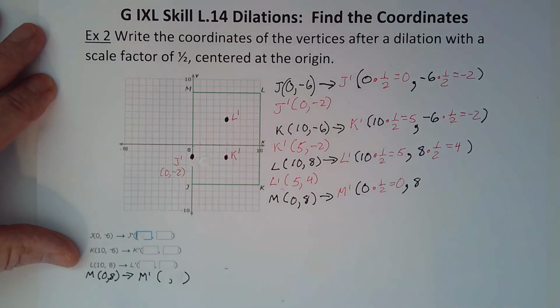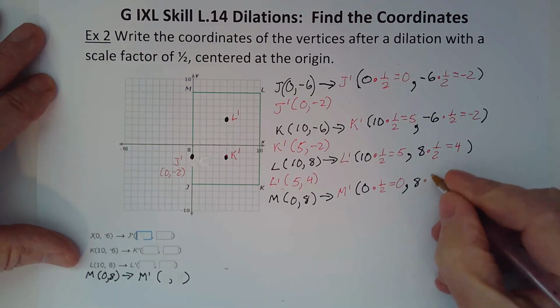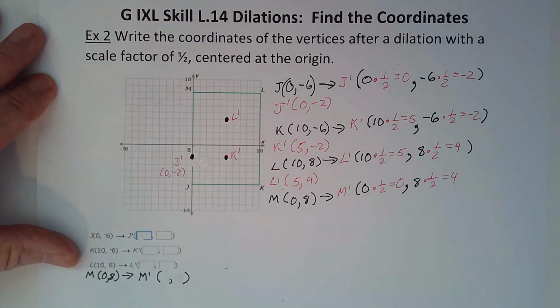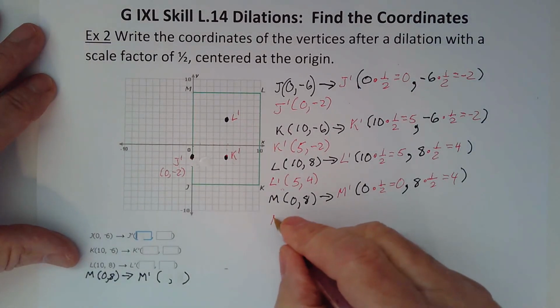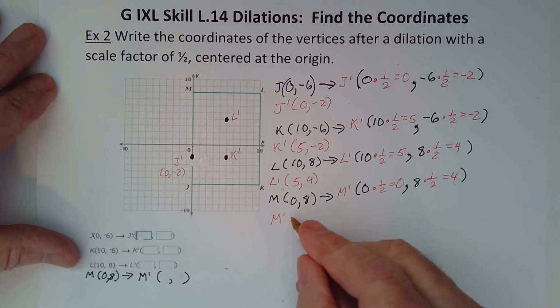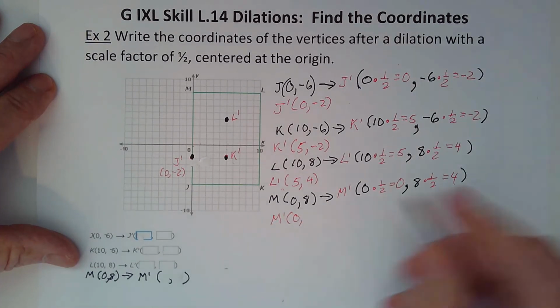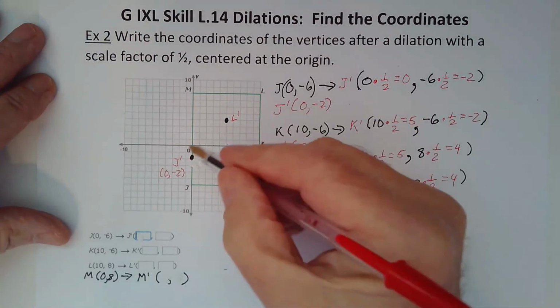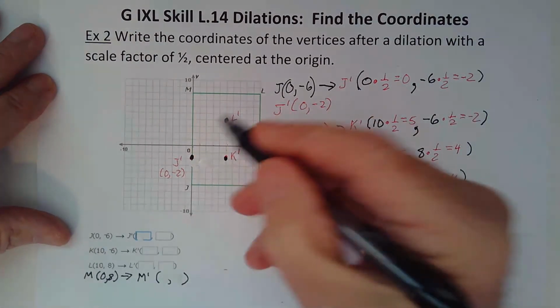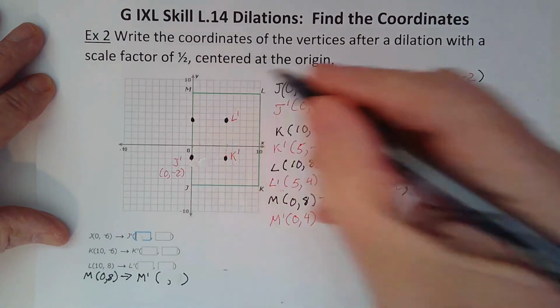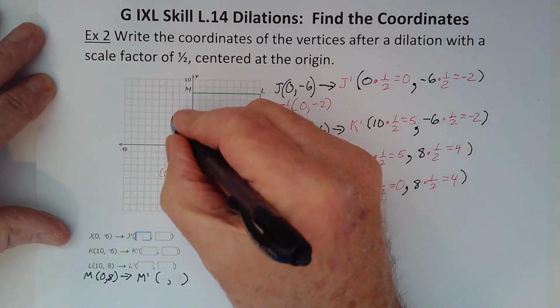So 8 times 1/2 again is going to be 4. And so then that means that our M prime coordinates are going to be 0, 4. Okay, so let's find that. X is 0 and 4, so this is going to be our M prime.